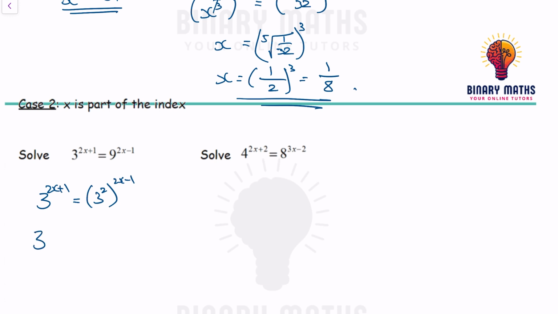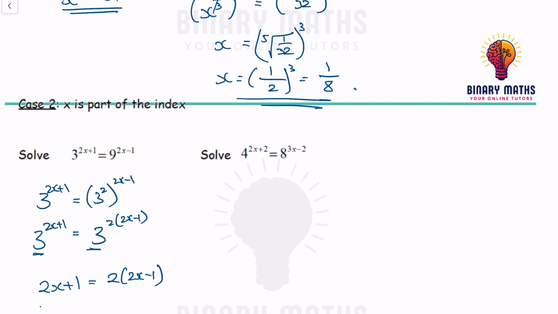That means 3 to the power of 2x plus 1 is equal to 3 to the power of 2 times 2x minus 1, according to the index law. Now, because both of these are base 3, we can equate the indices. So we end up getting 2x plus 1 must be equal to 2 times 2x minus 1.